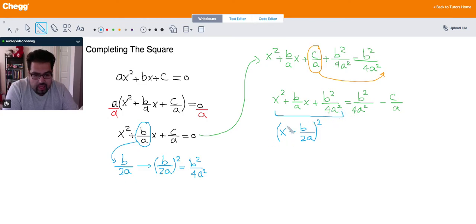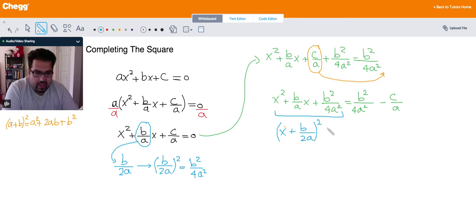And if I multiply the first one times 2 and then multiply it by the second one, I would get the middle term. Because if you remember, (a plus b) squared is a squared plus 2ab plus b squared. That's the same thing. x squared is right here, b over 2a squared is right here, and then 2 times the first one times the second one gives me the middle term. Okay, so that's the main part of completing the square, that you're going to start seeing the square here.